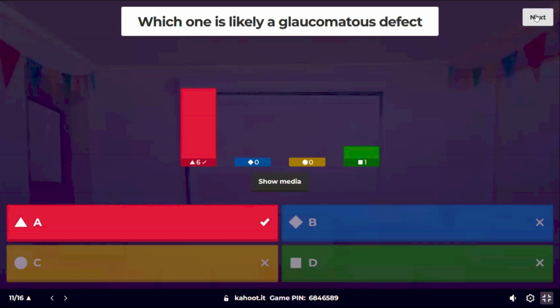Yes, exactly. The others are almost respecting the vertical meridian, but the first one, A, is like an arcuate scotoma.